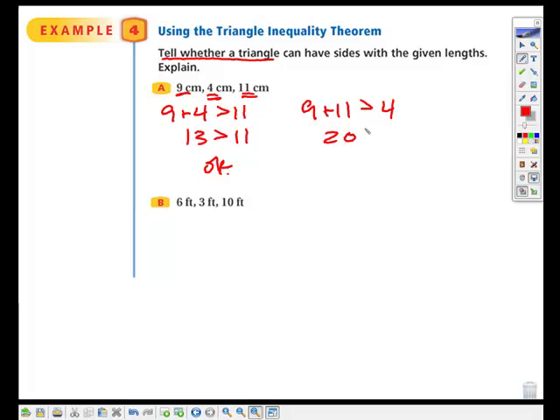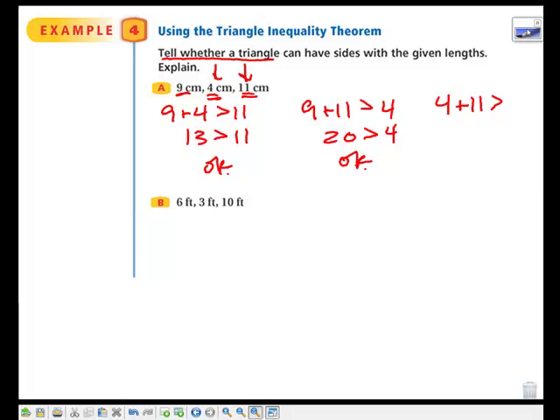That comes out to 20 is greater than 4. That's okay. We still haven't tested out the 4 and the 11 to make sure that 4 plus 11 comes out to be greater than the other side, which would have been 9. This is 15 is greater than 9. Well, that's okay. So can this make a triangle? Yes.